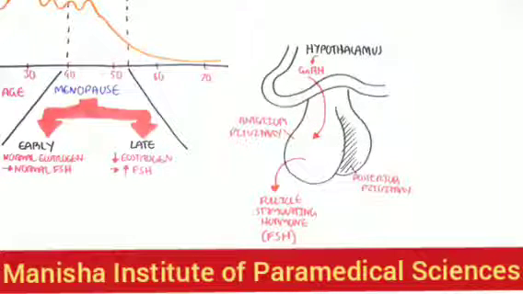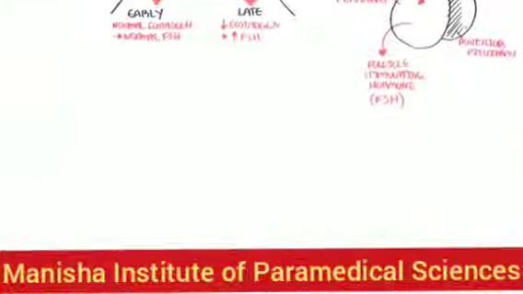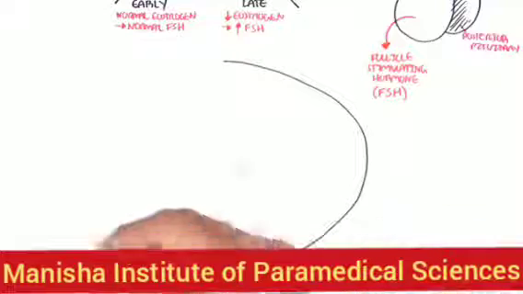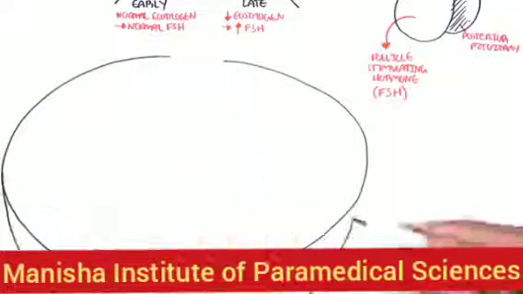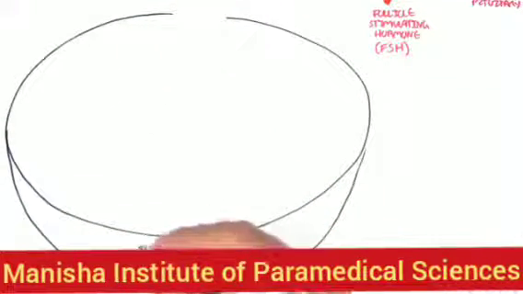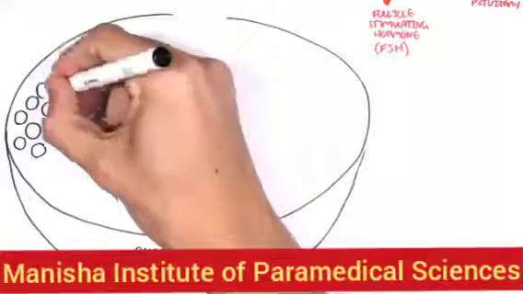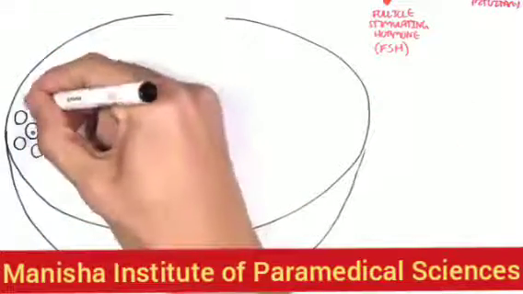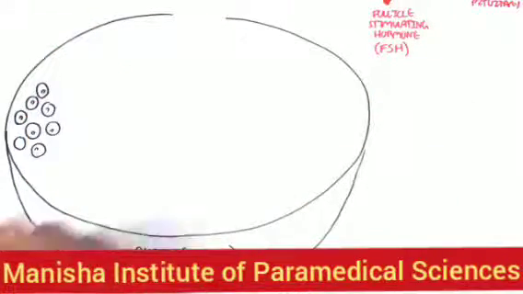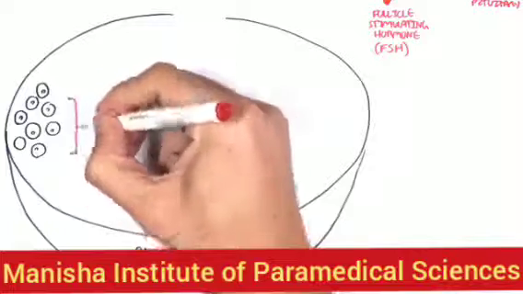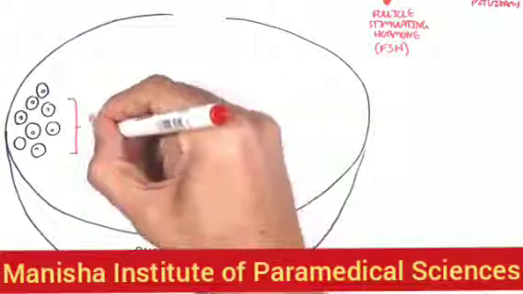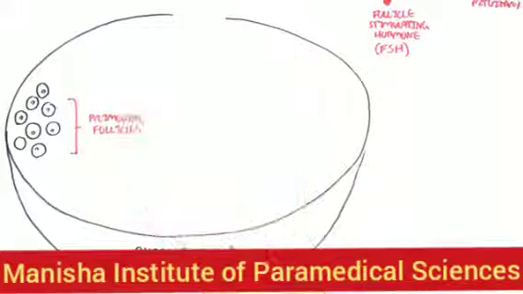Now, FSH, follicle stimulating hormone, travels to the ovaries, which are the female gonads, the tissue that makes the female eggs. What follicle stimulating hormone aims to do is to stimulate the maturation of primordial follicles in the ovaries.